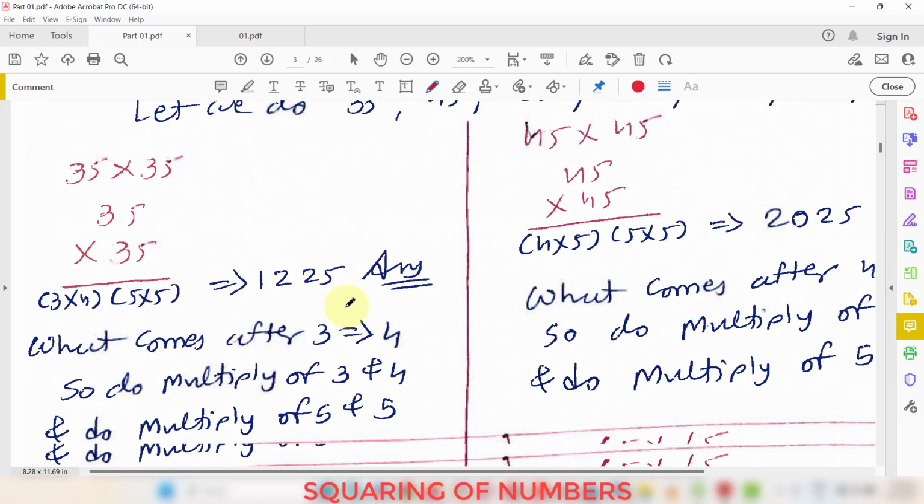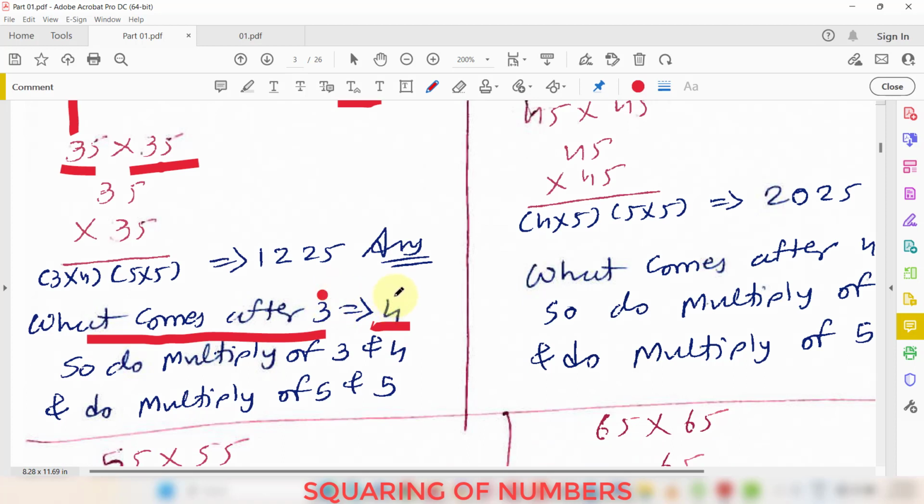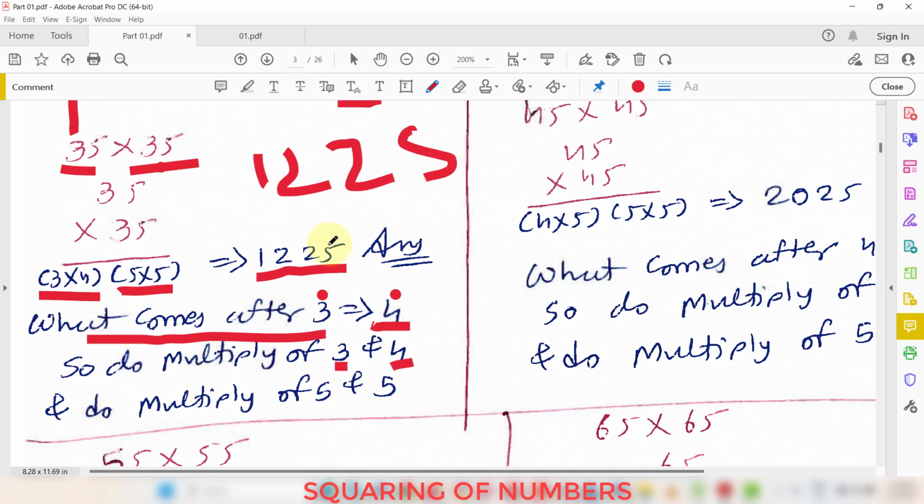So 3 is my first number, 4 is my second number. What I will do is multiply 3 and 4, so my first part of the answer will be 3 multiplied by 4. And the second part is 5 times 5, that is 25. So my answer should be 1225.